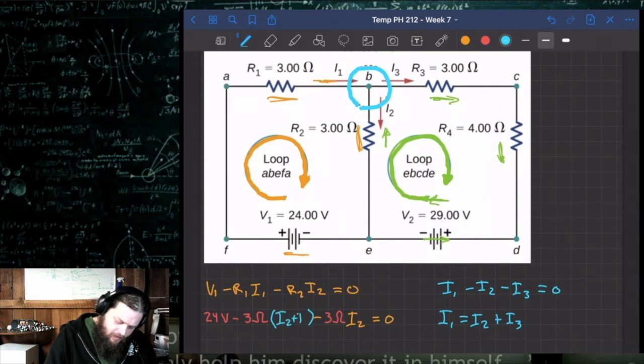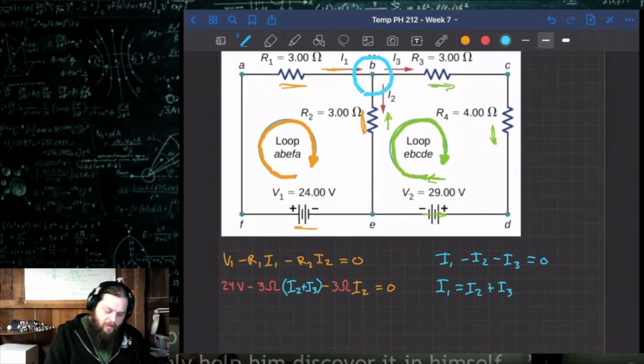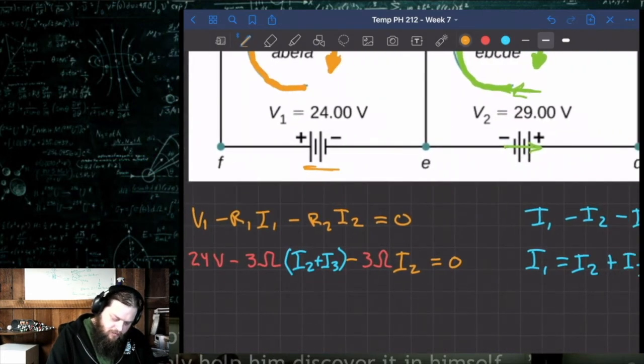I2 plus I3. Just plugging in the value from the blue equation there. And we can do a little bit of distribution and simplify. So that's going to be 24 volts minus 3 ohms I2 minus 3 ohms I3.